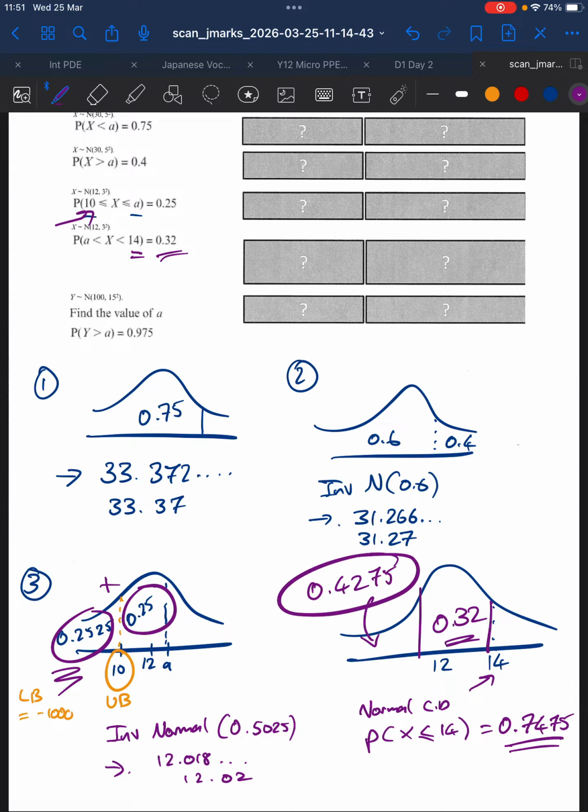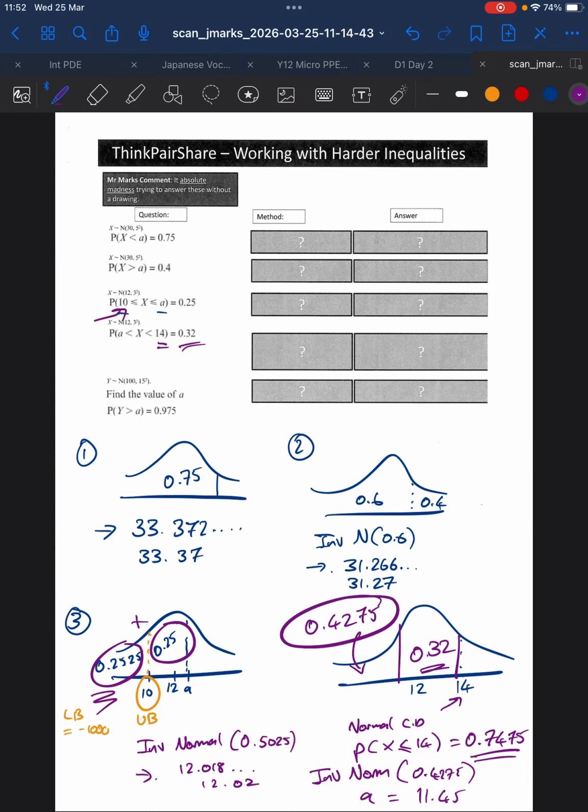And this is then the value that I'm going to do the inverse normal of. So I'm going to do the inverse normal of 0.4275, which will give me A is equal to 11.45. So I would encourage you to learn each of these situations because this more or less covers it. If you draw a diagram, you're not having to force yourself to remember things, okay? It's a lot more intuitive that way.